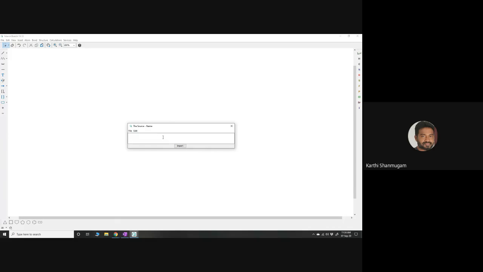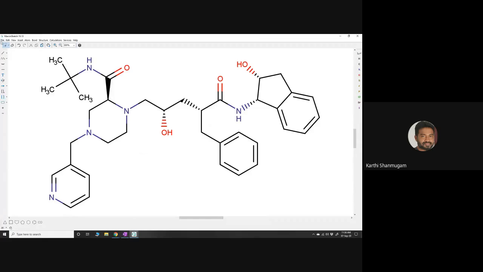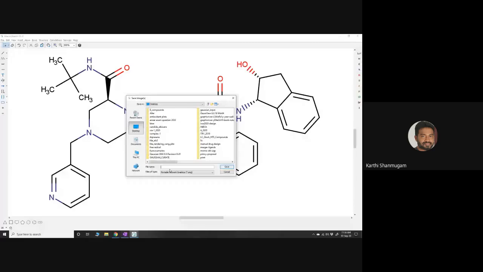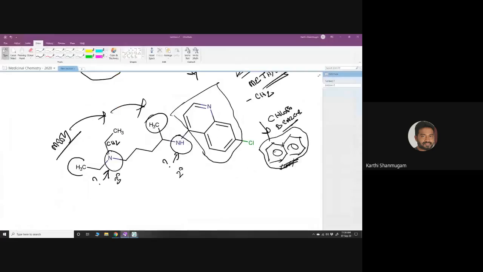Okay, I'm going to take this molecule because it's one of the very famous drug molecules. Now, if you look, the complexity of the structure is increased, right? So we'll take this as an example. This molecule is called indinavir. It's an FDA approved drug molecule, commonly used for treating HIV.